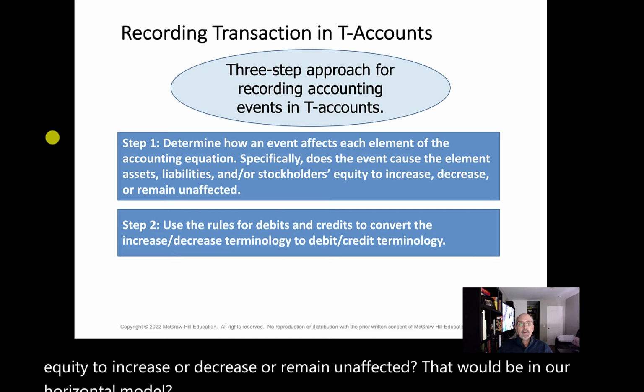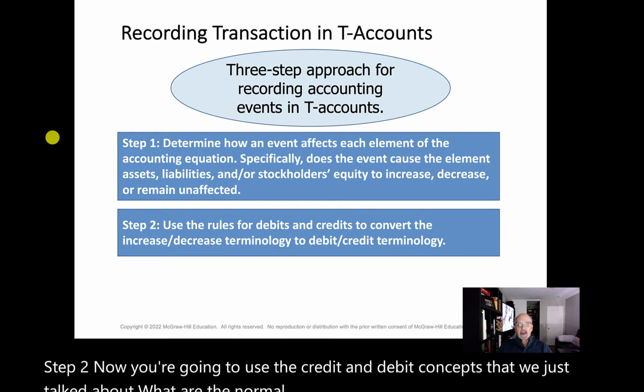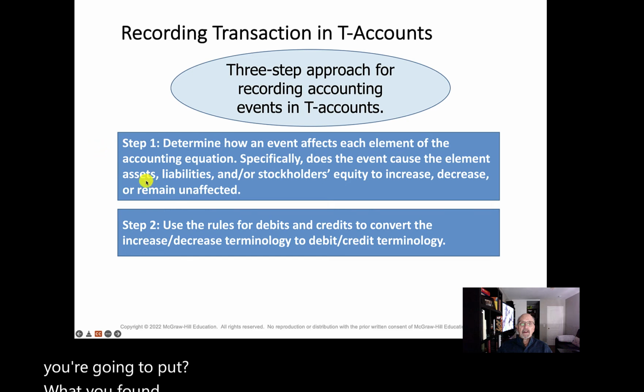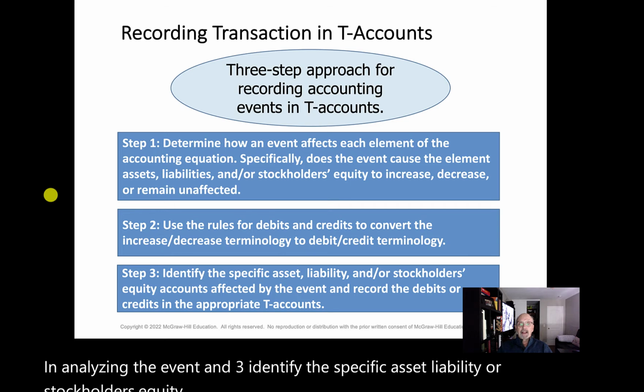Step 2, now you're going to use the credit and debit concepts that we just talked about. What are the normal balances? And that will determine where you're going to put what you found in analyzing the event. And number 3, identify the specific asset, liability, or stockholders' equity accounts affected by the event and record the debits and credits.